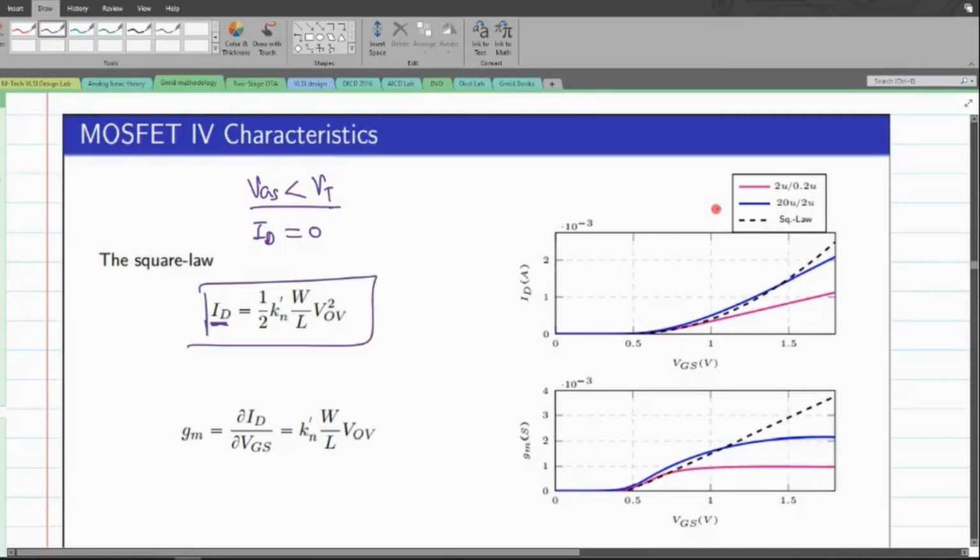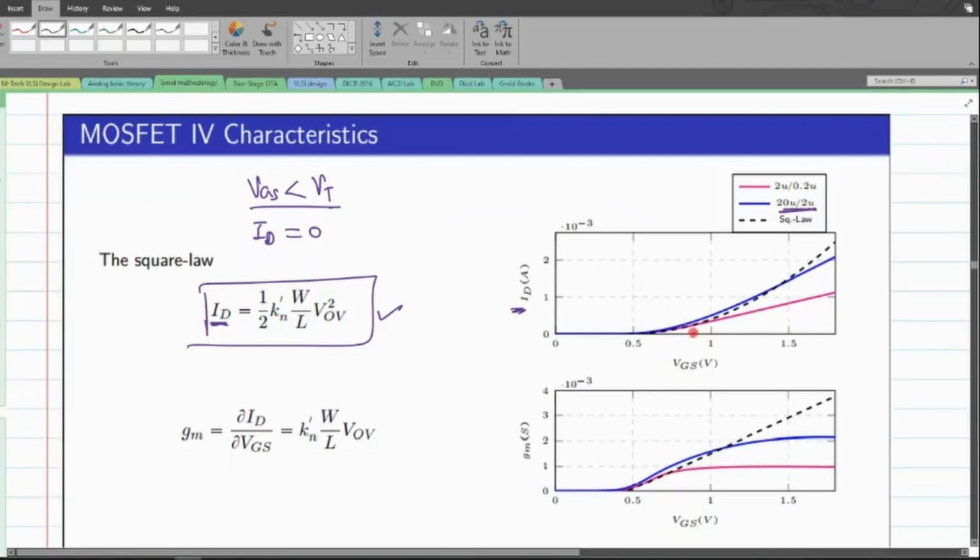I have used two different channel lengths and widths for plotting the same current graph. When we look carefully, the current graph of my large channel device, 20U by 2U, which is quite a large transistor, is somewhat coincident with our square law model.